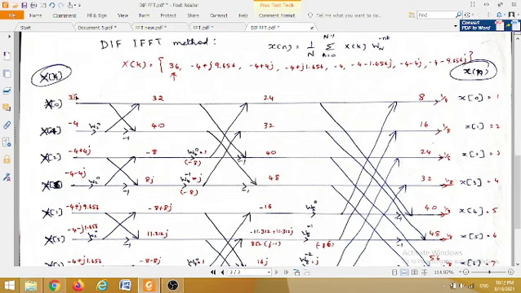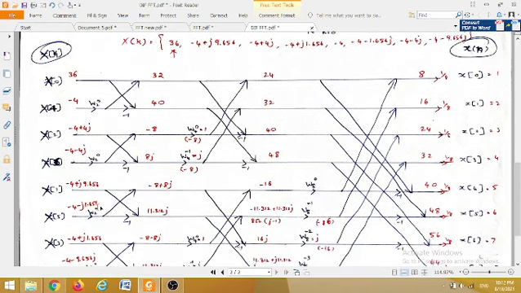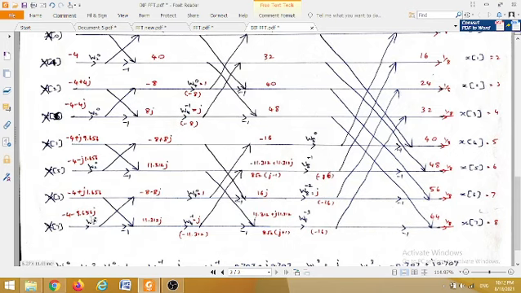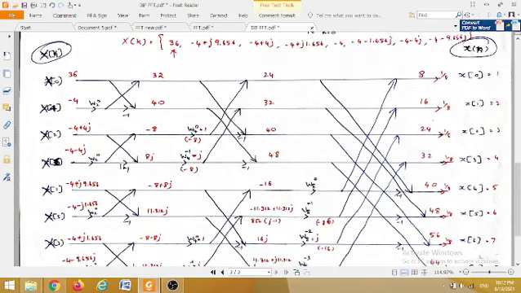So x of 0 is 36, x of 1 is minus 4 plus j 9.656, x of 2 is minus 4 plus 4j, x of 3 is minus 4 plus 1.656j, x of 4 is minus 4, x of 5 is minus 4 minus 1.656j, x of 6 is minus 4 minus 4j, and x of 7 is minus 4 minus 9.656j. This order has to be clearly written.